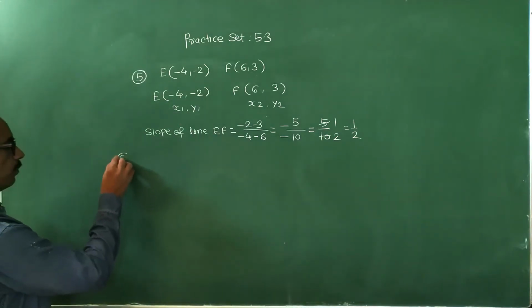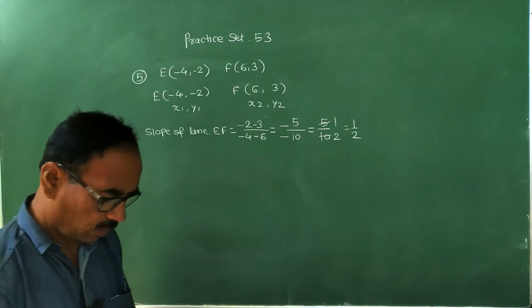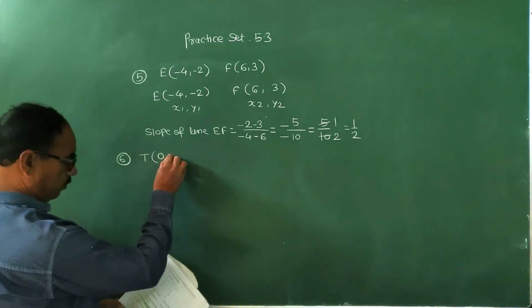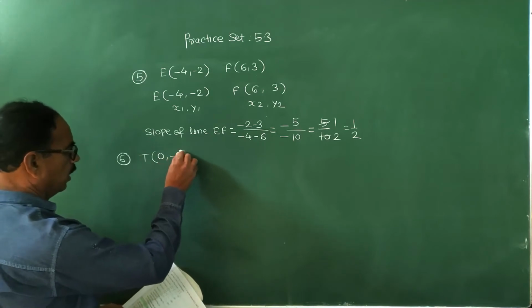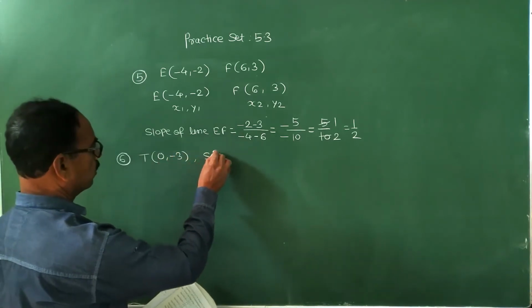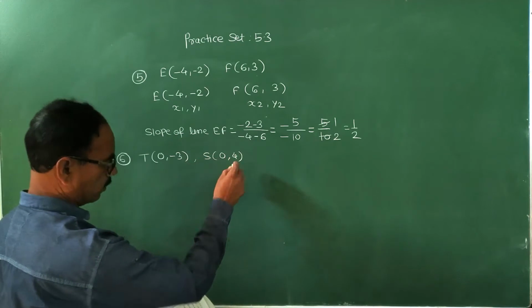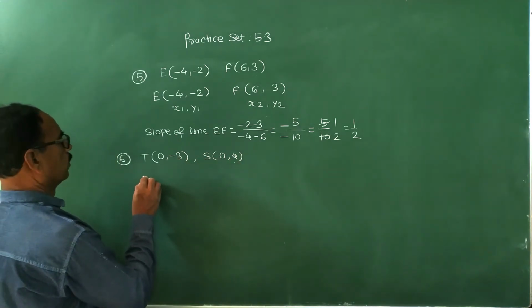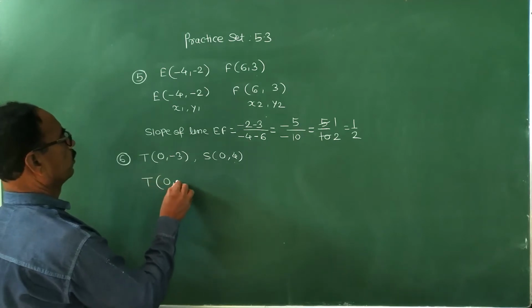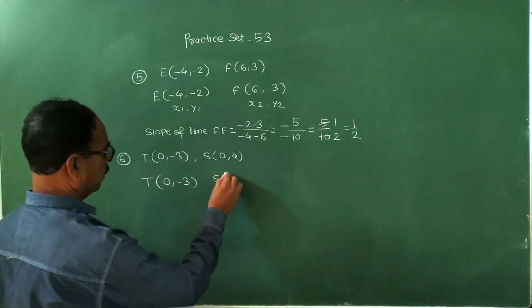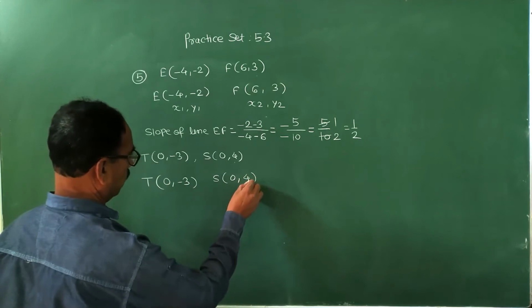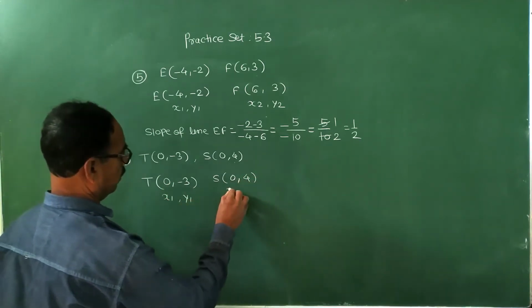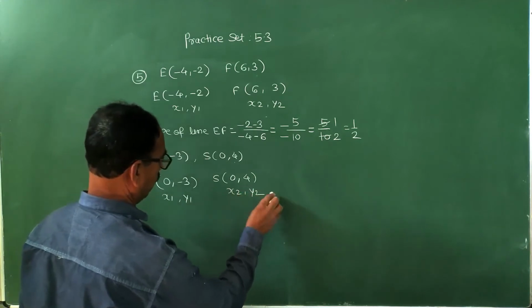Next example, example number 6. Point P is (0, -3) and point S is (0, 4). So this is our x1, y1 and x2, y2.